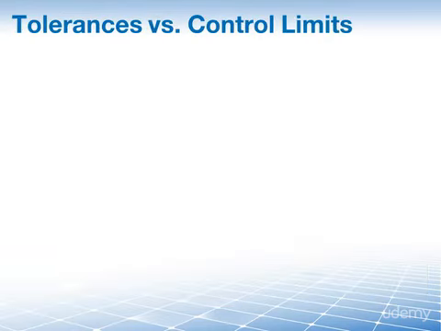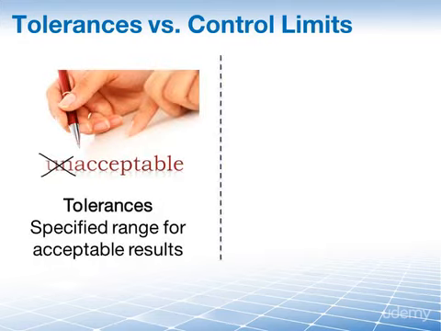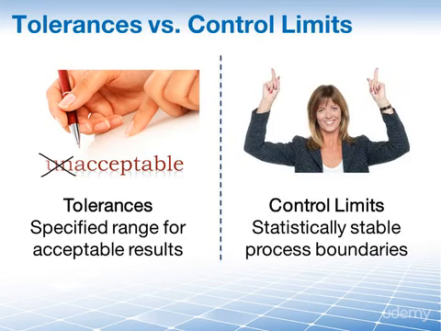And our final pair of terms are tolerances and control limits. Tolerances deal with the limits your project has set for project acceptance. It is a specified range for acceptable results. Control limits, on the other hand, is a concept that is a bit more complex.